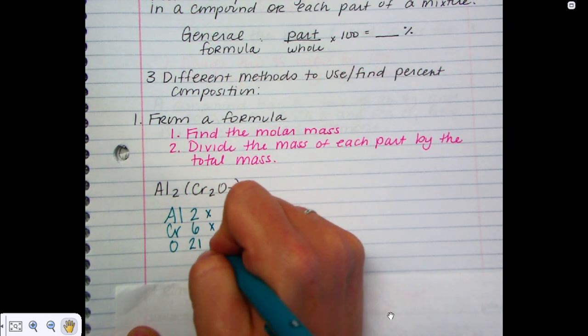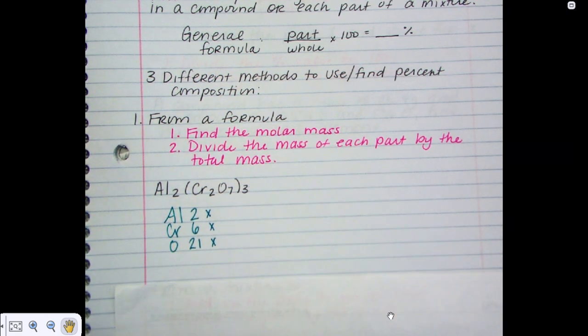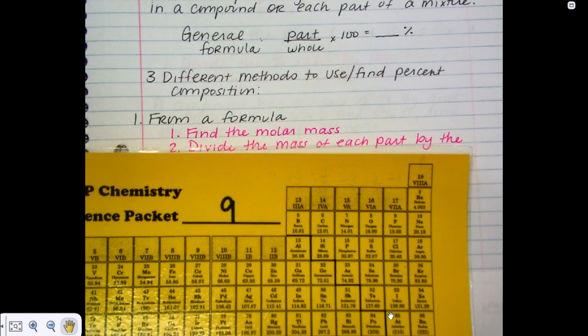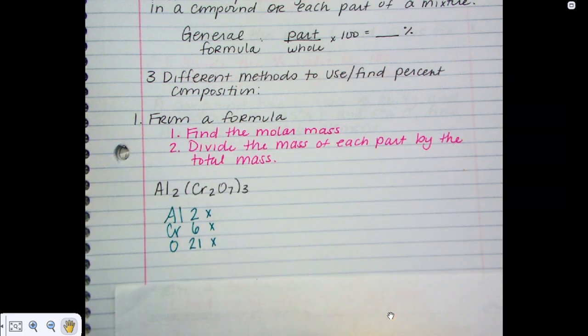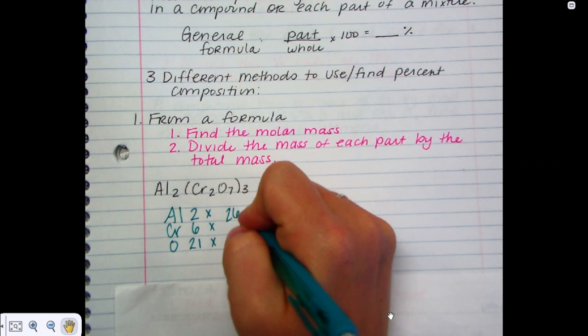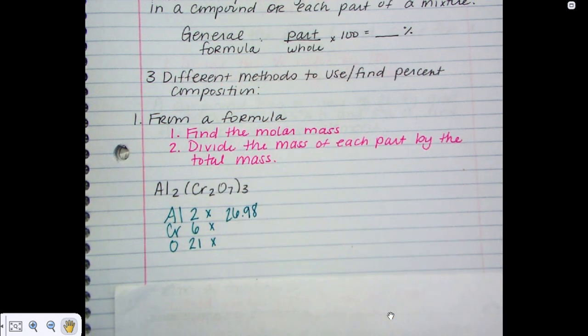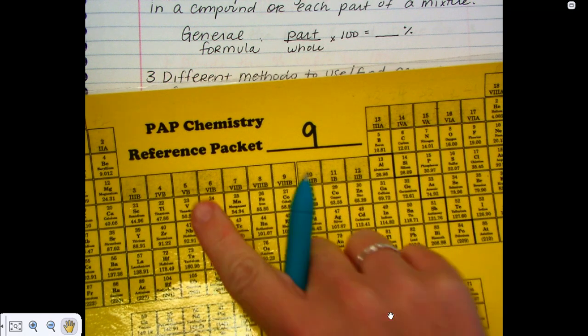Okay. So then where do I go? I'm going to go to the periodic table and look up the atomic mass of each element. So aluminum, 26.98. And then I'm going to find chromium right here, 51.99.